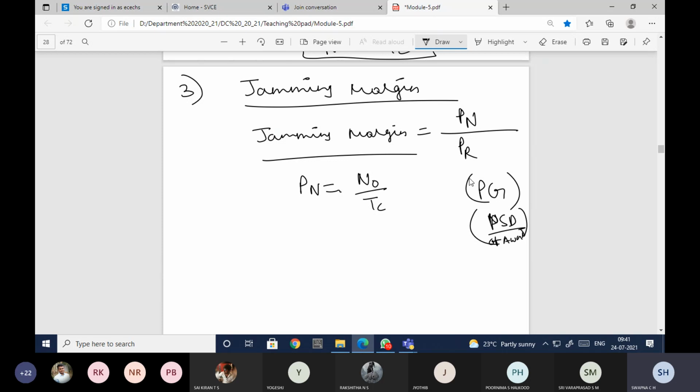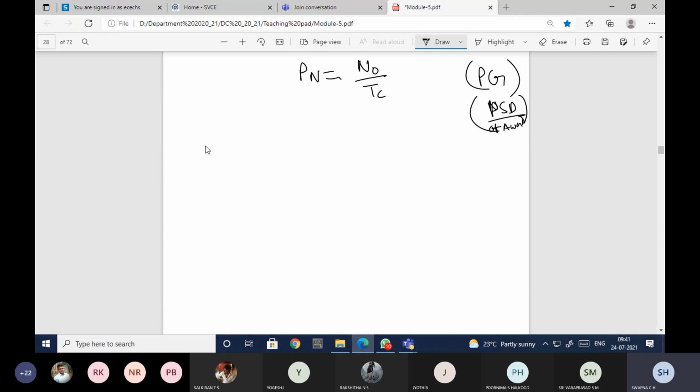Why it is required is for problems; to solve the problems you need it. So we will find the jamming margin in terms of power spectral density and Pg. You already know processing gain is nothing but Tb by Tc.